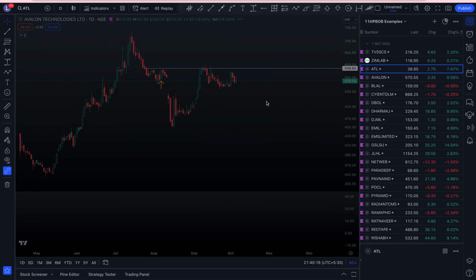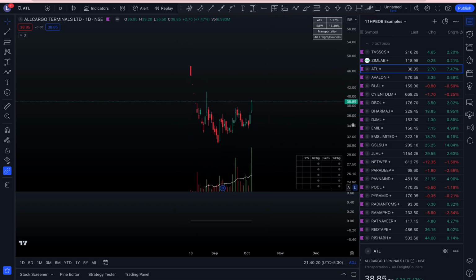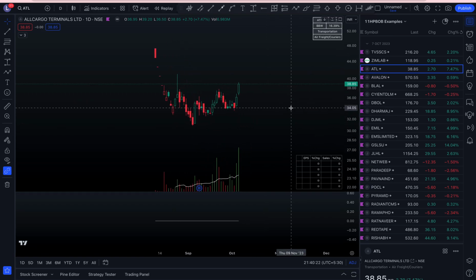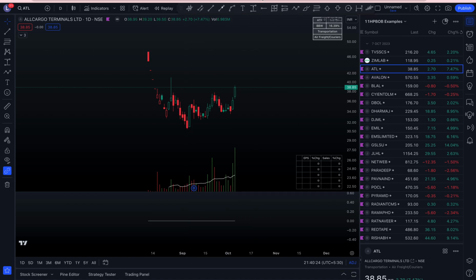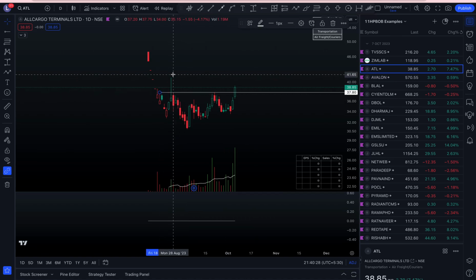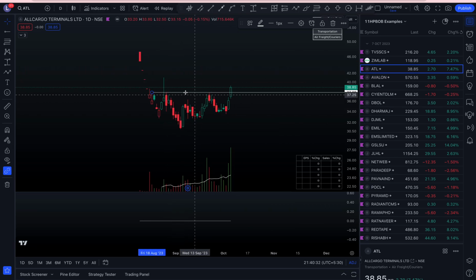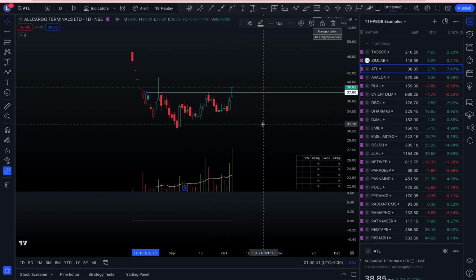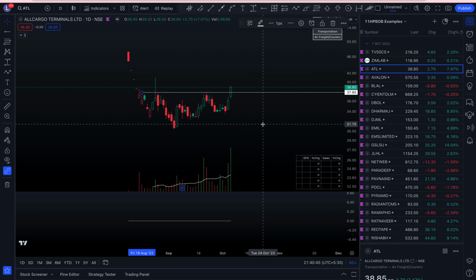So this is another nice one. ATL, a couple of people in the group, HPA probably traded this, and this was a very valid entry point here. You got a pivot here. This is like a false breakout, a premature breakout, and then you got an inverse head and shoulders, right? And inverse head and shoulders are basically a reversal bet.